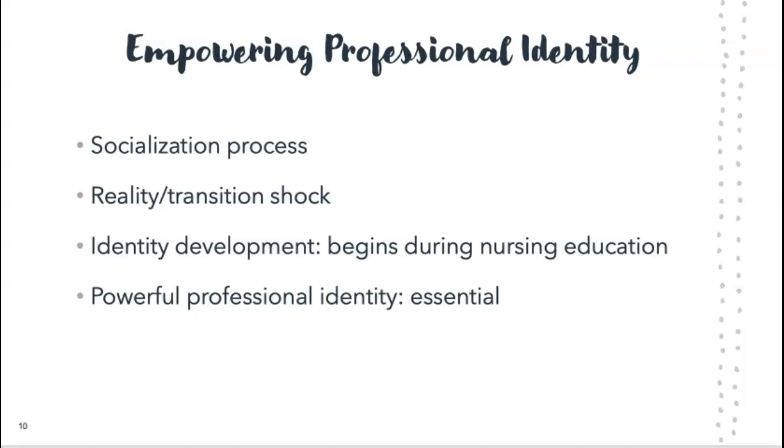And that describes this clash. Another more recent term in the literature is transition shock. And transition shock refers to new nurses' feelings of anxiety and insecurity that may happen after graduation during initial professional adjustment. And so that is why transition programs are one way to ease new graduate nurses' entry to practice.